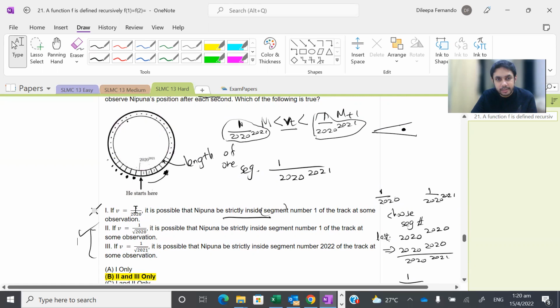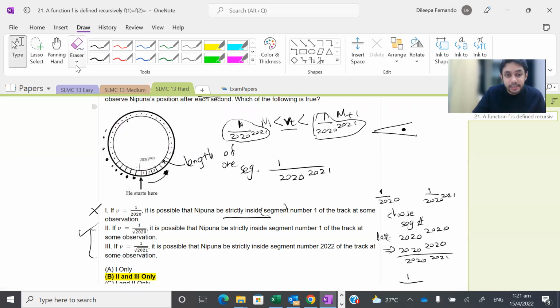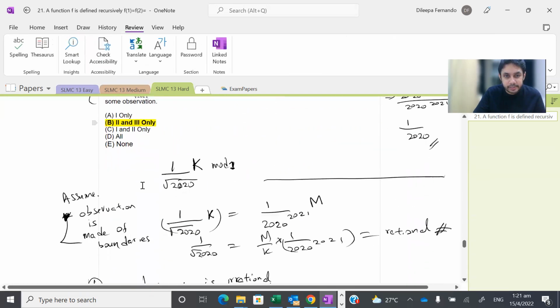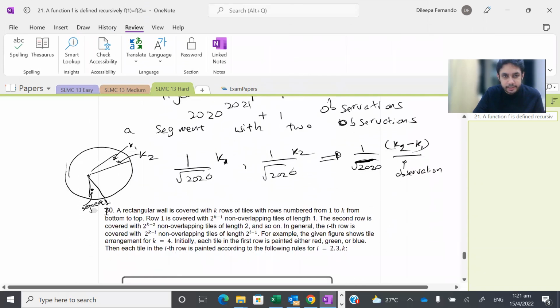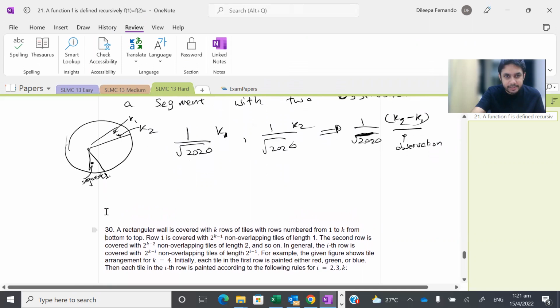We found that he starts here, and in the first observation he is at the last boundary, and in the next observation he is at the next boundary, and he can go on and on, but on the boundaries. So we can see a similar representation. So now we have proven that it can be strictly inside segment 1.